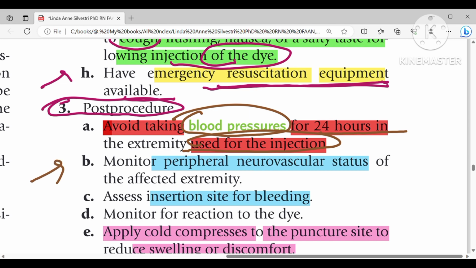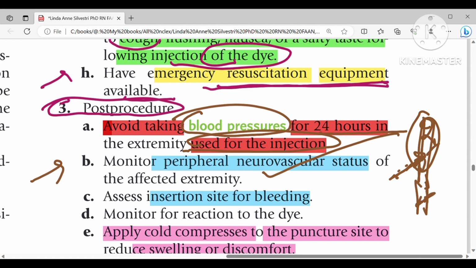Next important point is monitor peripheral neurovascular status. Like this right hand we are using, this is the antecubital vein we are using here. So here we need to check the radial pulse and the neurological movements also, because the pulse may be affected. The pulse can be weak due to bleeding or rupture of the artery or veins, so the blood supply may be cut.